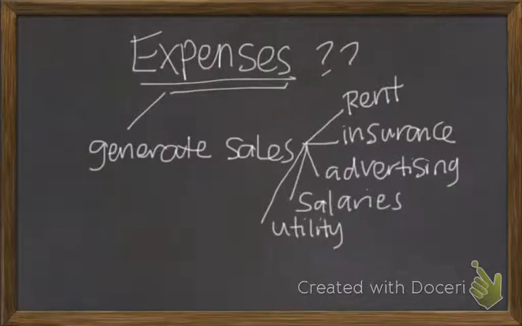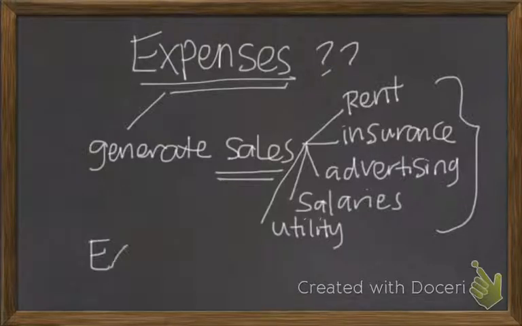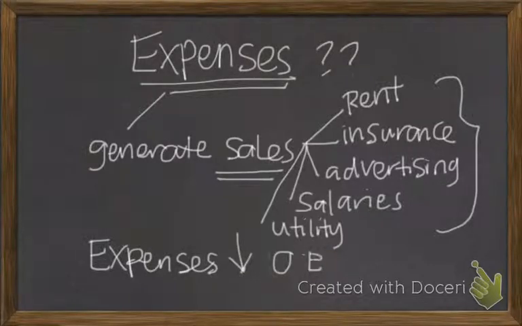In summary, expenses include all items incurred in the process of earning revenue or sales, so expenses actually decrease the owner's equity and should be recorded on the debit side.